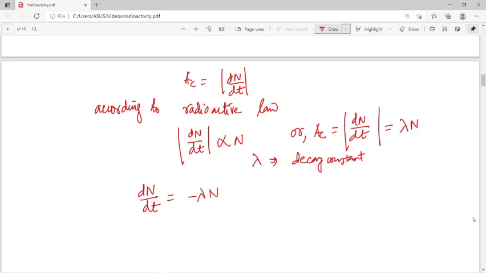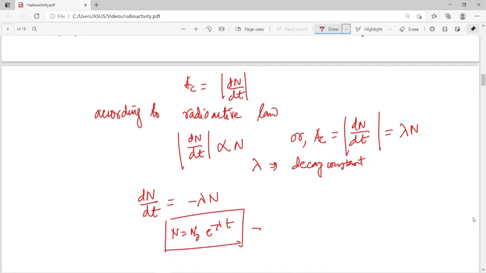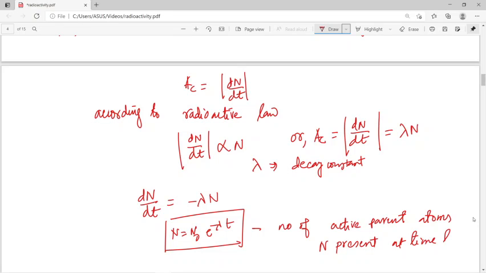If we integrate it, we find N equals N naught e to the power minus lambda t. That gives the number of active parent atoms present at time t in the mixture.